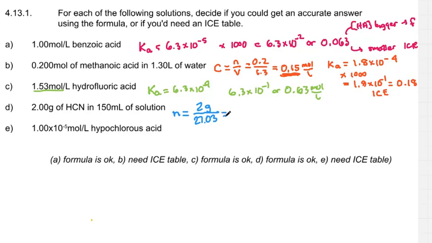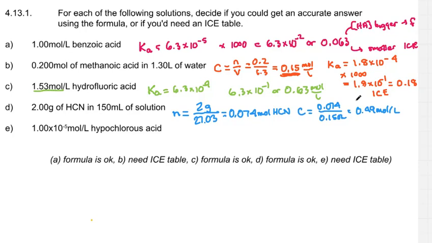All right. Number of moles, I get 0.074 is probably enough. That's moles of hydrocyanic acid. And our concentration is that number of moles divided by 0.15 liters. 0.49 moles per liter is what we actually have.